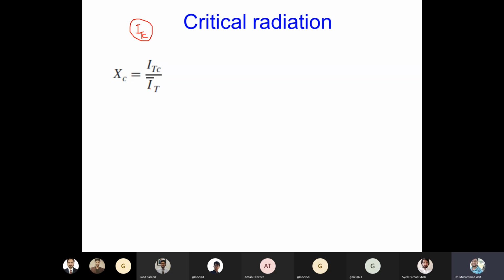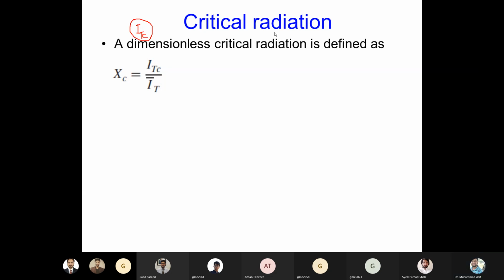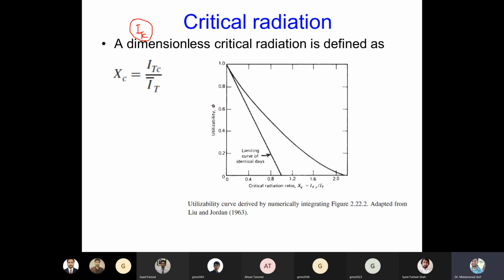That could be the tilted collector or the horizontal collector. So we call it the critical dimensionless ratio, defined by dividing with the average solar radiation.